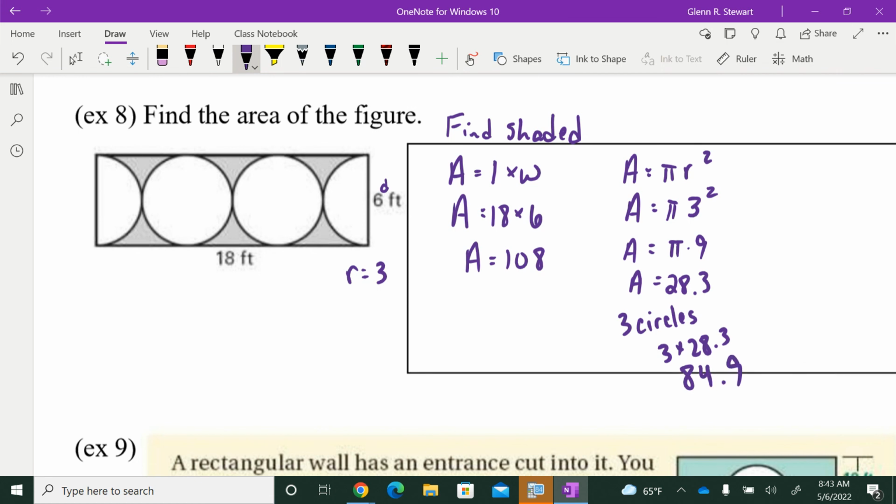So now, because we've got 3 circles, we've got 2 full circles, 2 half circles, which would give us that third one. So now we want to take 108 and subtract 84.9, which will give us approximately 23.1 feet squared.